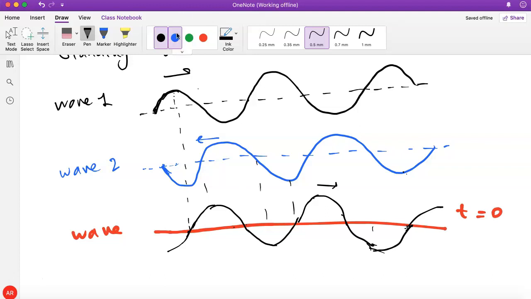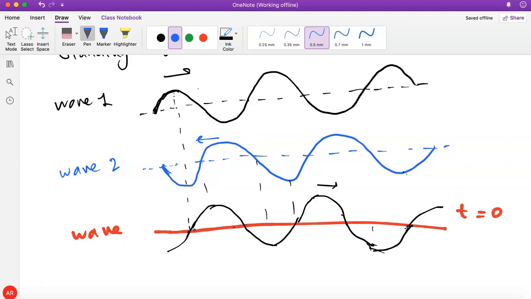The other one, the blue one, that's moving this way. So again, if it moves by a quarter of the wavelength, see, this point shifts over here, right?